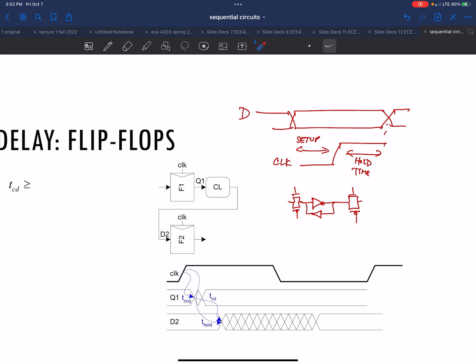So let's say D gets here super fast. If D shows up here super fast, it's possible your clock was delayed with respect to the D, and it's possible that guy gets through your latch. Because you could have delays in your clock path, or you could have delays in your D path.